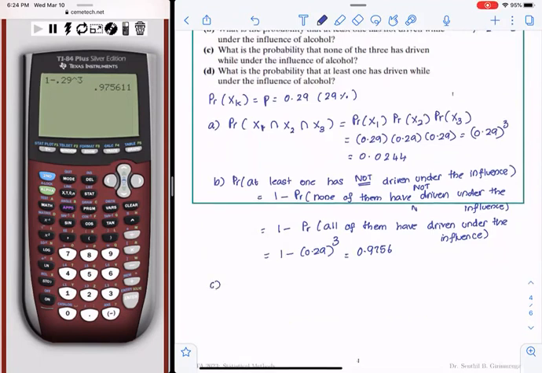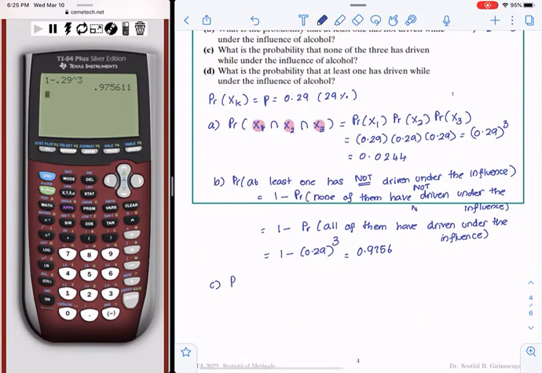Part C, what is the probability that none of the 3 has driven while under the influence of alcohol? So in part A, we wanted to know the first one has driven under the influence, second one has driven under the influence, third one has driven under the influence.